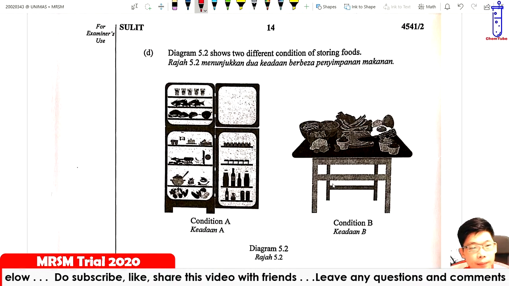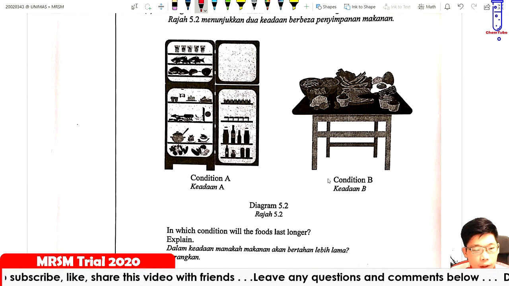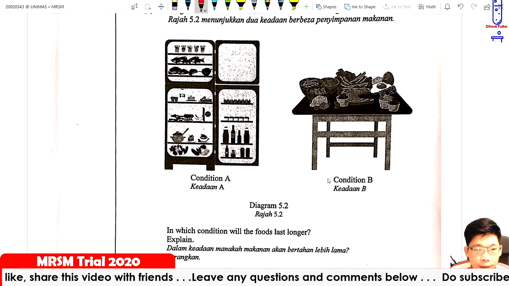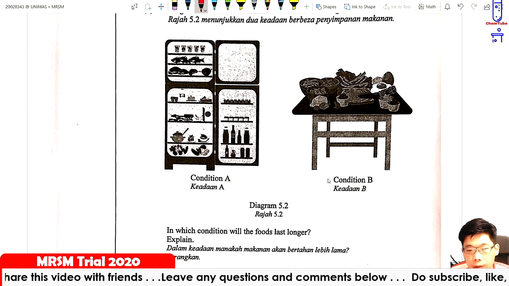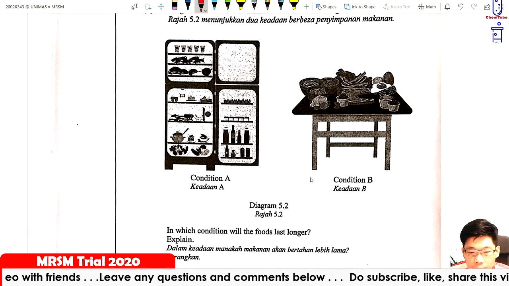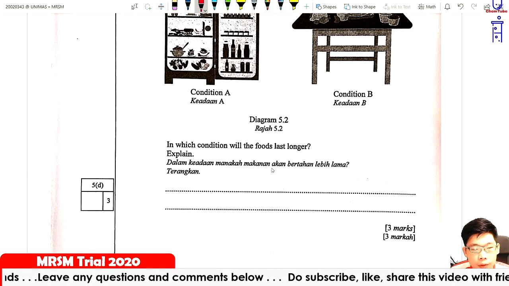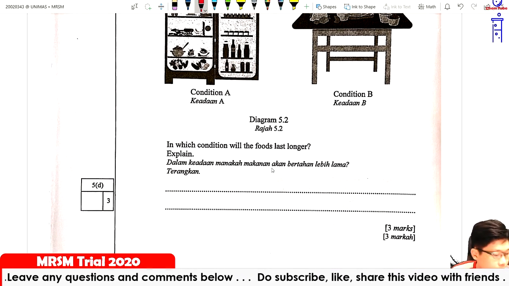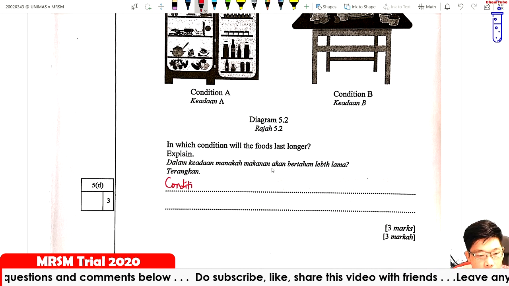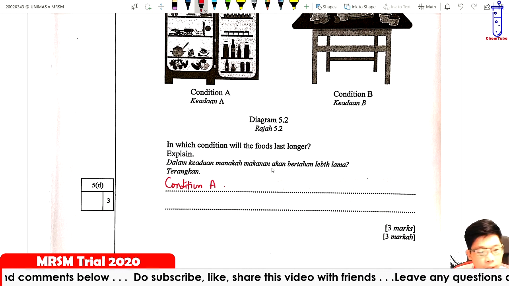The diagram shows 2 different conditions of storing food. Condition A is in the freezer, in the refrigerator, and condition B is put on the table in a room condition. In which condition will the food last longer? Explain. We mention condition A can last longer. Why?